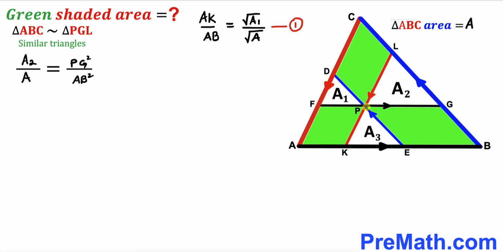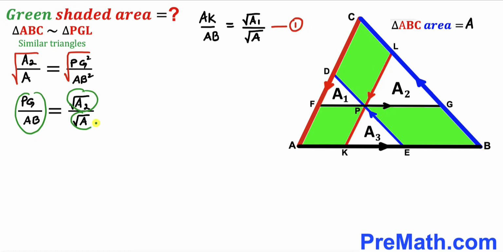And here we can see the base of this triangle is PG, and the base of this big triangle is AB. And now we are going to undo the square by taking the square root on both sides. So therefore we can write PG divided by AB equals the square root of A sub 2 divided by the square root of A.